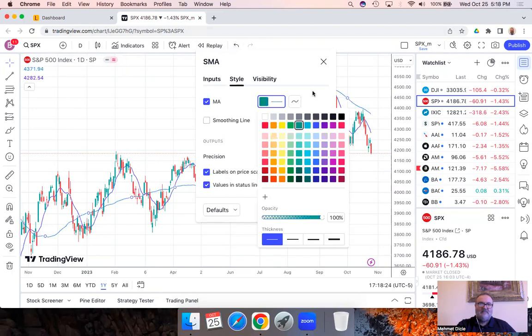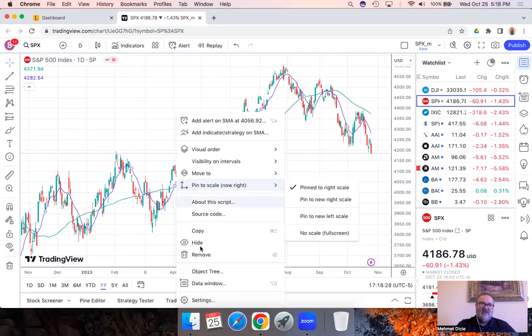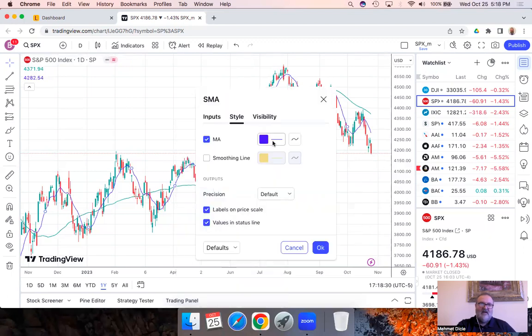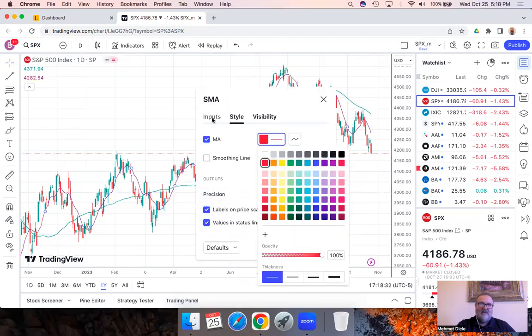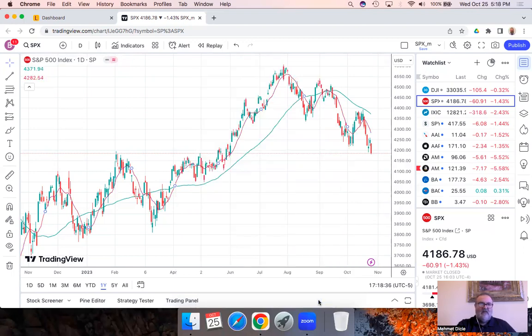Then the next one I want to make a 200-day, and let's make that red. Now, obviously, the 200-day will be flatter because you have a longer period to average the closing days.